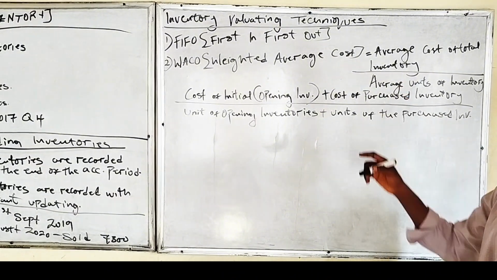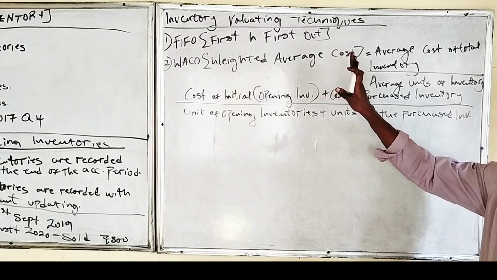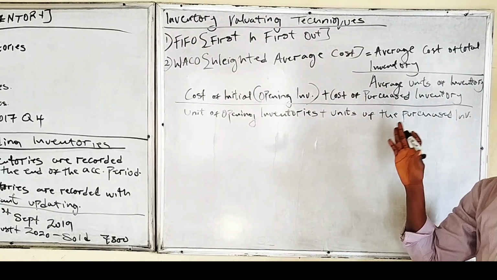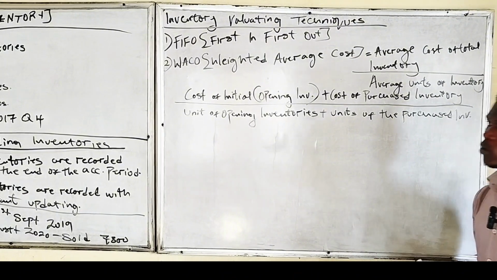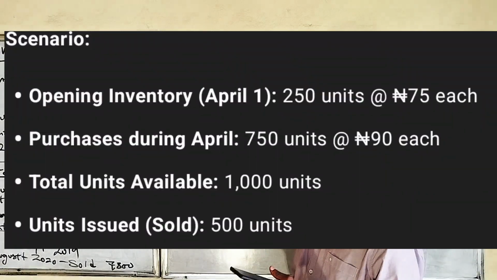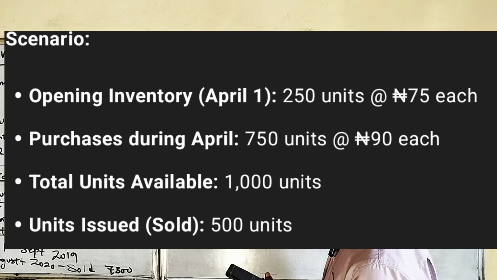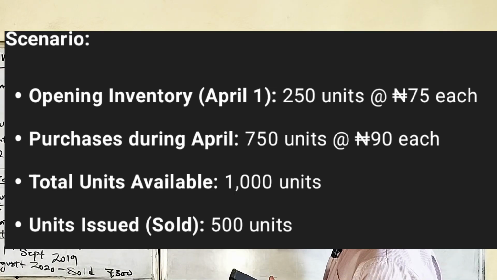So we'll take an example to illustrate this so that we can see how the first in first out method is calculated and also how the weighted average cost method is calculated. Using the scenario, we have opening inventory as at April 1st was 250 units at 75 naira each.